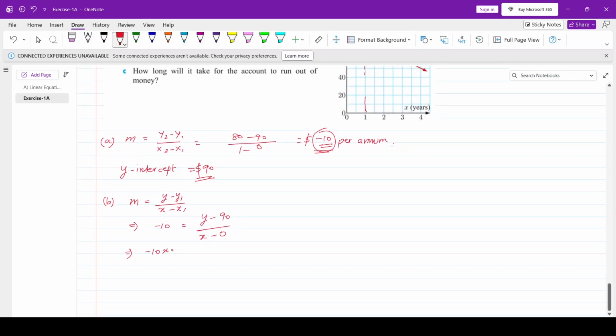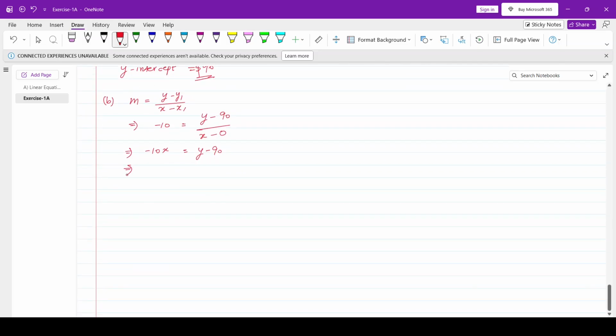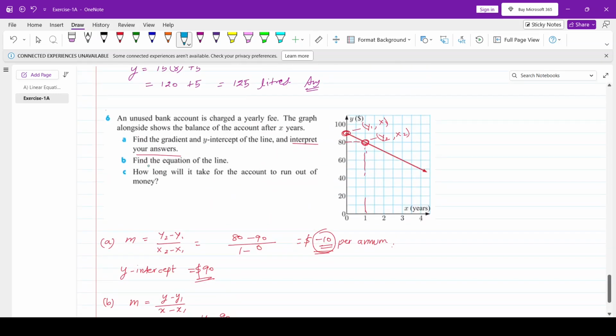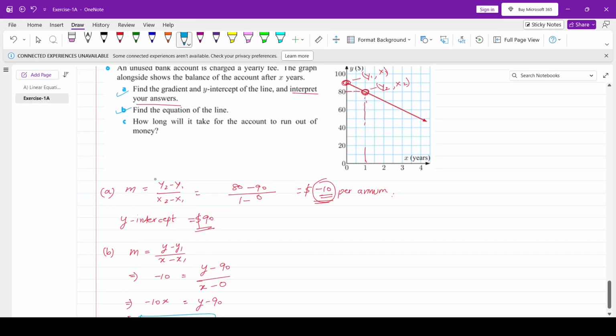We say minus 10x is equal to y minus 90, keeping y on one side. This is the equation of the line. We have done this. Now, how long will it take for the account to run out of money?